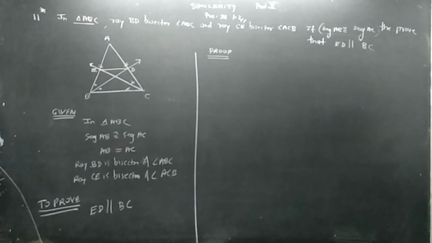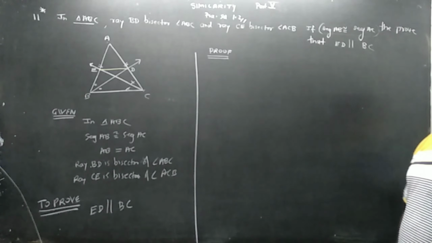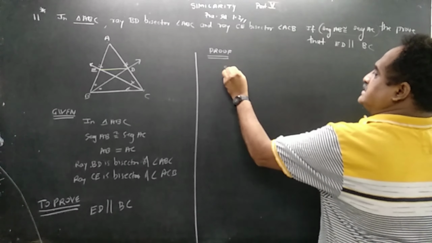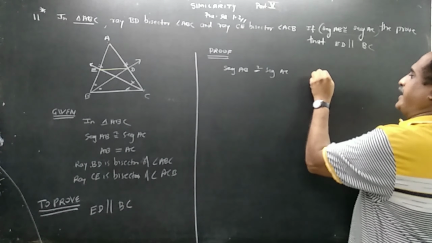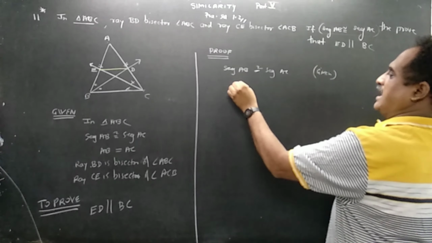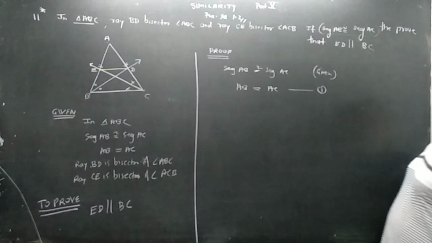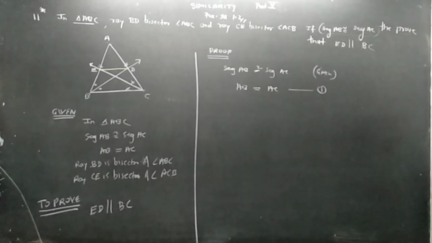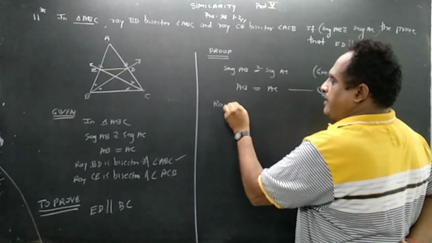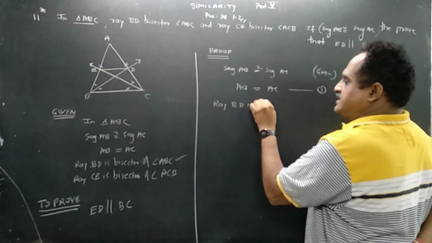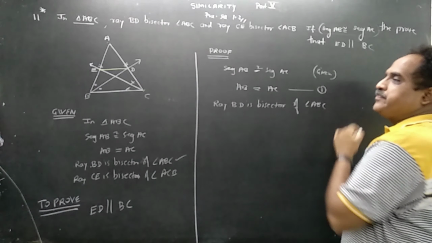First of all, I think that you should put AB is equal to AC. That we can use 100%. Segment AB is congruent to segment AC. It is given. Therefore, AB is equal to AC. Take that as equation 1. Now we are going to make use of this. Ray BD is bisector of angle ABC.